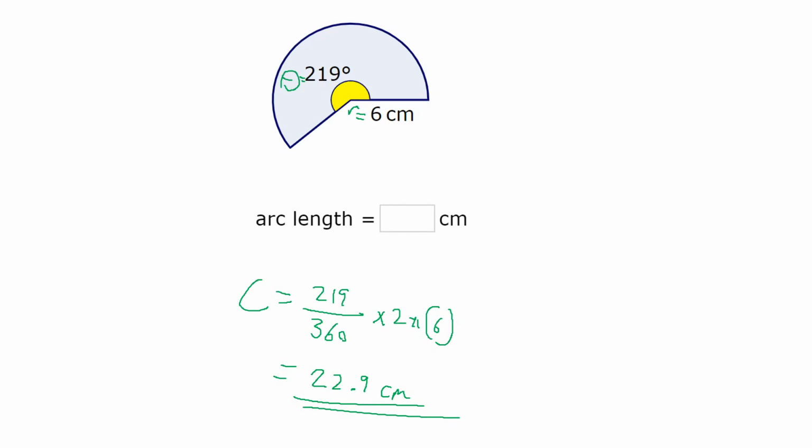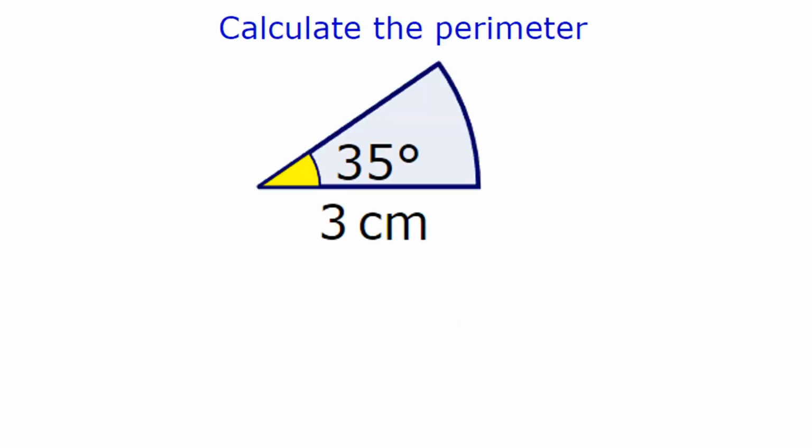So now we can use this to work out what the perimeter is. Because we have what the arc length is, we can work that out very easily. C is equal to theta over 360, so 35 over 360, times 2 times pi times 3, okay? And we should get an answer of 1.83. However, this is just this length here. It's asking us for the perimeter.